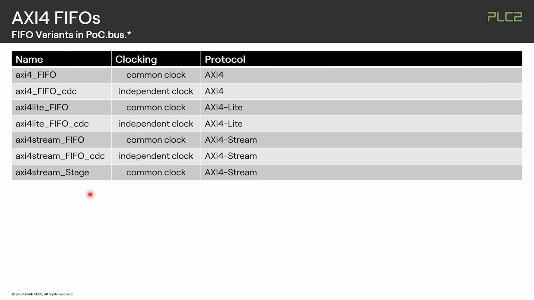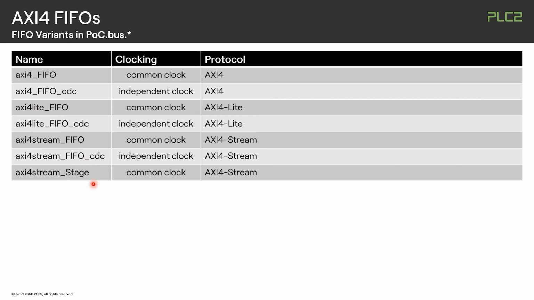Taking this together into a table for an overview, and you find this under PoC.bus, or as directories inside of the bus subdirectory in our source directory. You find an AXI4 FIFO and AXI4 FIFO CDC, similar the combination AXI4 Lite FIFO and AXI Lite FIFO CDC, and of course again the same variant combination Stream FIFO and Stream FIFO CDC.